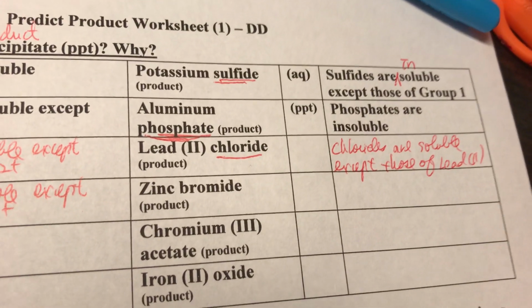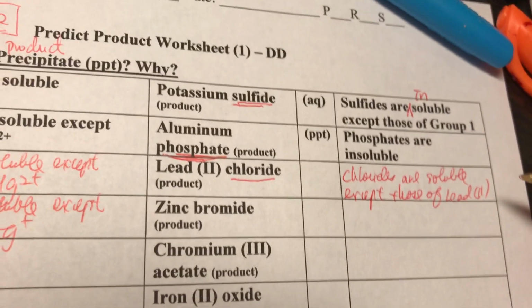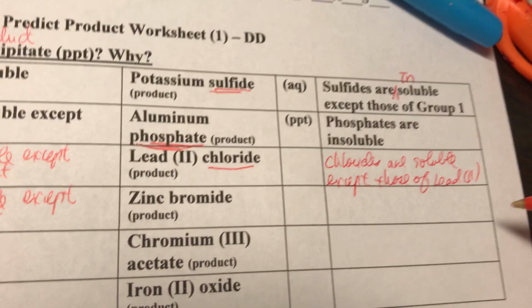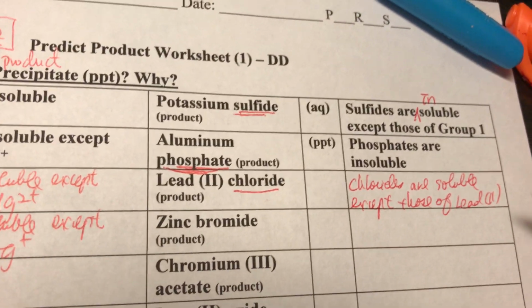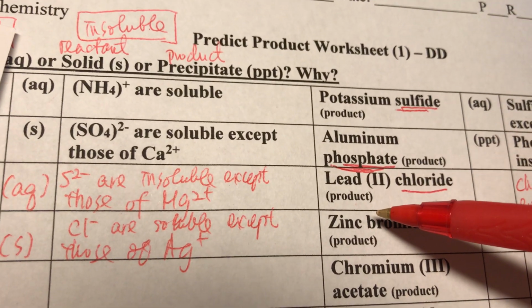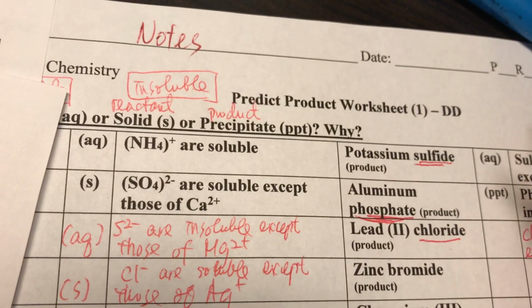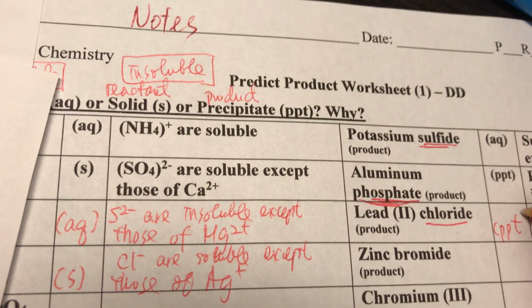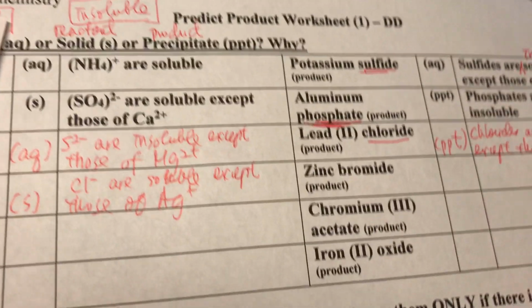That means lead-2 chloride is insoluble. It is a product, after the reaction takes place, so it must be PPT, because it precipitated and settled down.